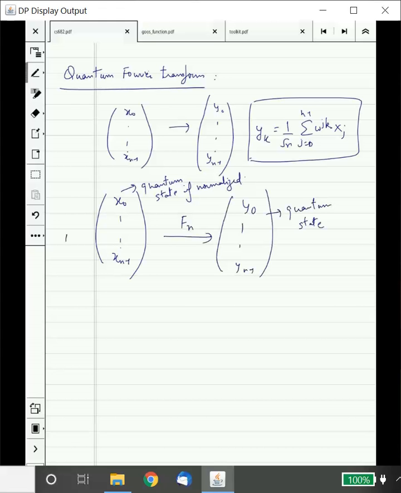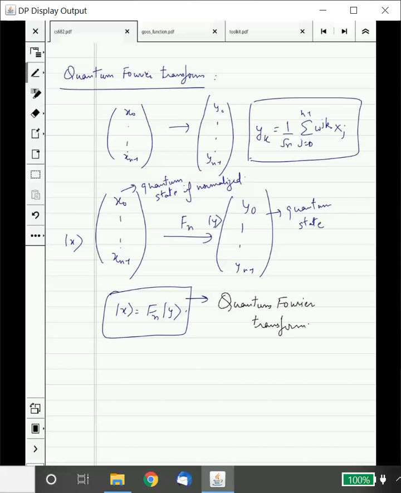If I call this x, this y, where y is equal to Fn x, then an operator, a circuit which does this, is the quantum Fourier transform. This is one of the first tasks or functions which I am defining by defining its action on the complete vector space.